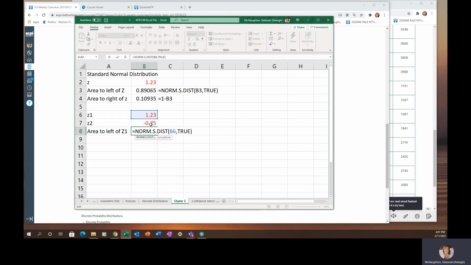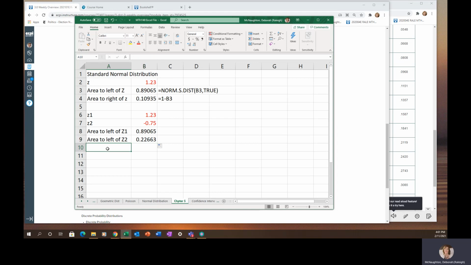So same way we did that, NORM.S.DIST, the z1, comma, TRUE. And then I want the area to the left of z2. Okay, and I'm just going to copy this. That one was my area to the left of Z2, and that's the 0.2266.